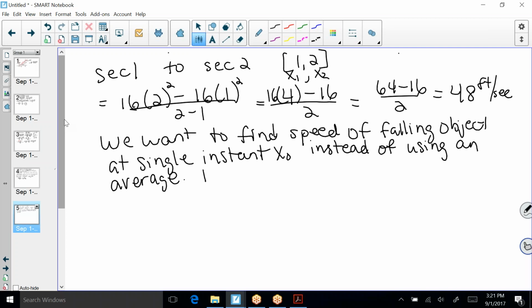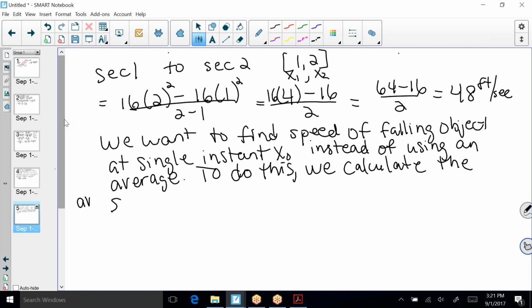So to do this, we're going to calculate the average speed over shorter and shorter time intervals.